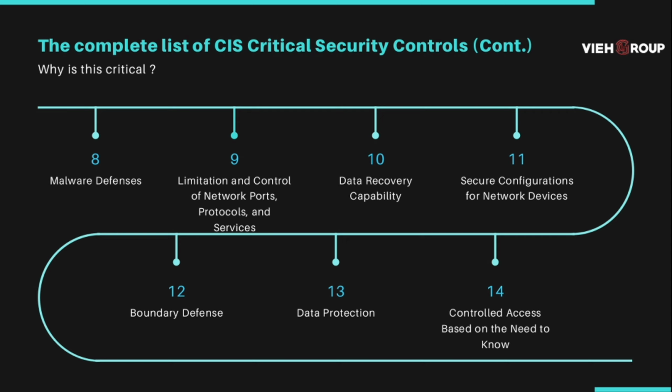Organizations need to make sure they can control the installation and execution of malicious code at multiple points in the enterprise. This control recommends using automated tools to continuously monitor workstations, servers, and mobile devices with antivirus, anti-spyware, personal firewall, and maybe host-based IPS functionality. Now, why is this critical?